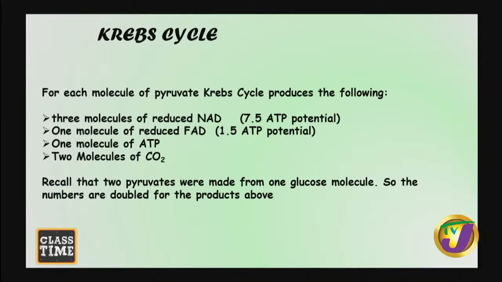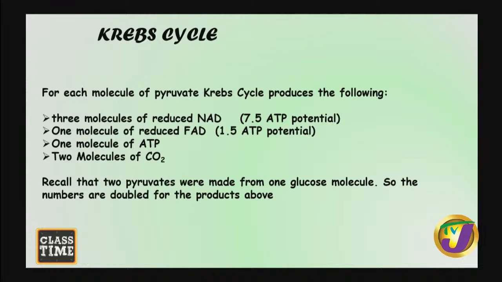So the entire glucose molecule would have done this 6 times instead. All right? Each pyruvate will have produced 1 molecule of reduced FAD, 1 molecule of ATP, and 2 molecules of CO2. Okay? And recall again, always remember that the 2 pyruvates would have been made from 1 glucose molecule.